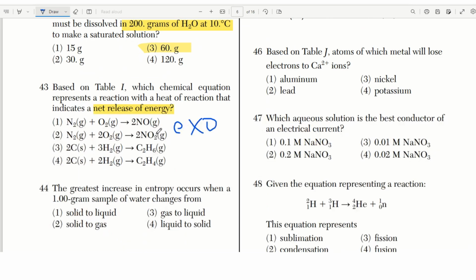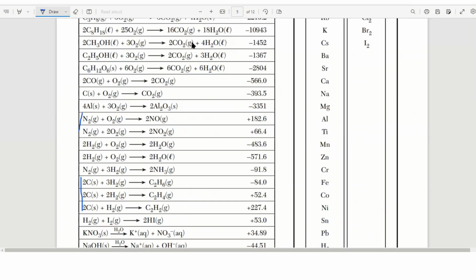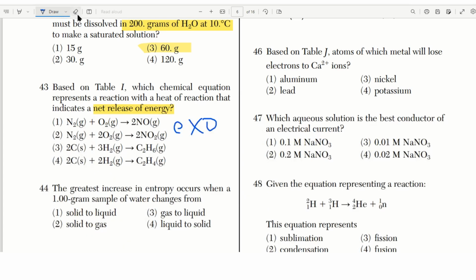I was forming C2H6 or C2H4. So, okay, so not this one. So let's look across at all of these. And there we go. There's only one. The one that forms C2H6 is exothermic. And even if you weren't sure, how about you just look them all up, and 3 are going to be positive and 1 is going to be negative. It's the process of elimination.